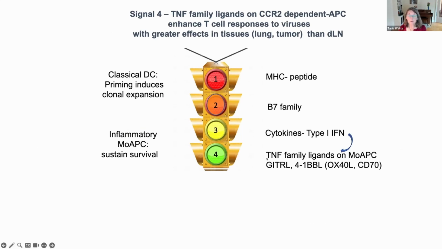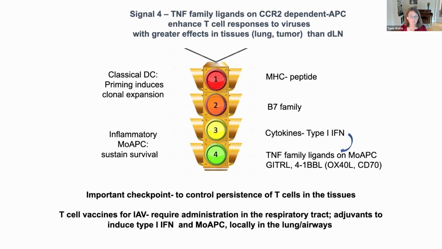And we think this happens both initially in the lymph node to a small extent, but much more importantly in the tissue, and that this is really important in giving you a signal that if the virus is there, there's still interferon, you've got these molecules induced, you will keep the T cells long enough to clear the infection. And both these ligands and the monocytes disappear as the virus is cleared.